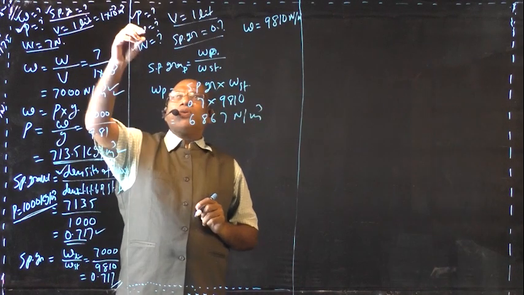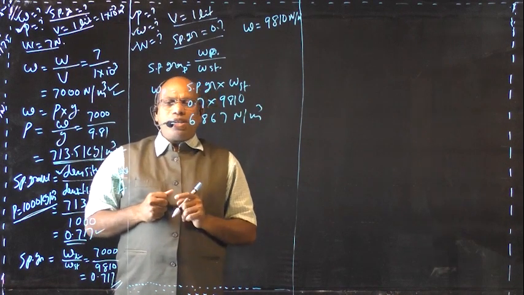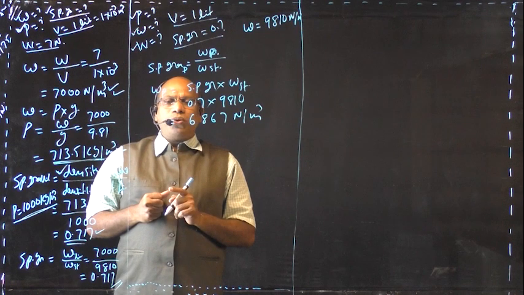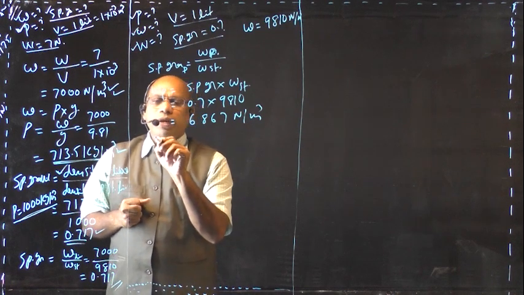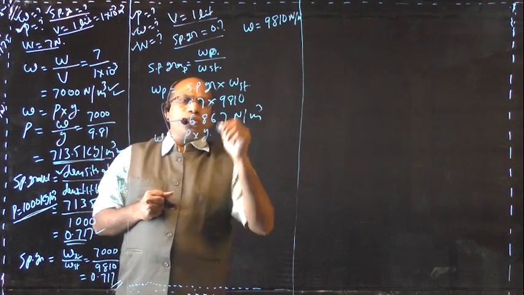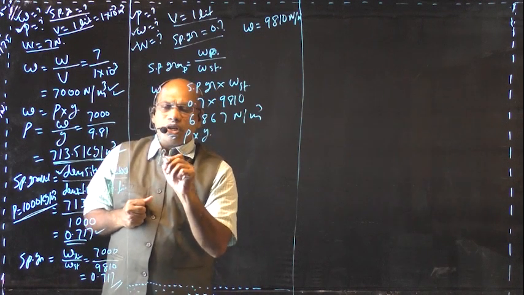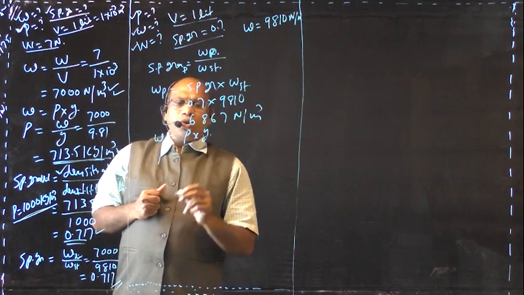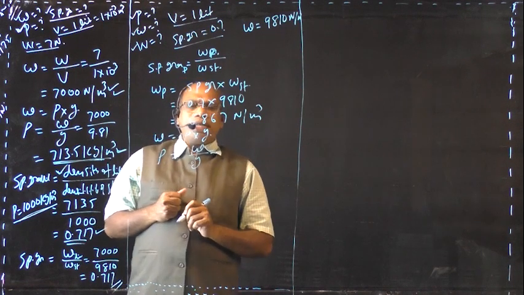Now we are going to determine the density of the petrol. I have given one relation: unit weight equals density into acceleration due to gravity. From this equation, density rho is equal to unit weight divided by acceleration due to gravity.